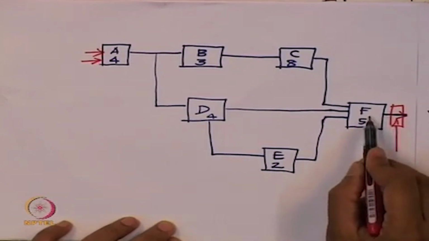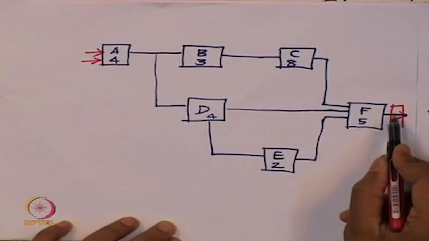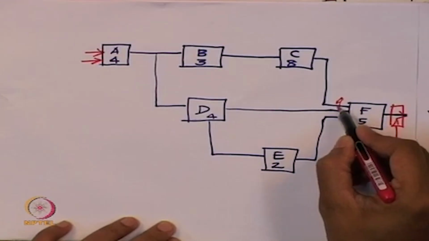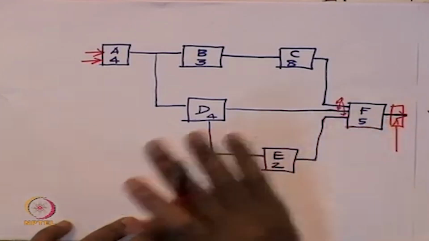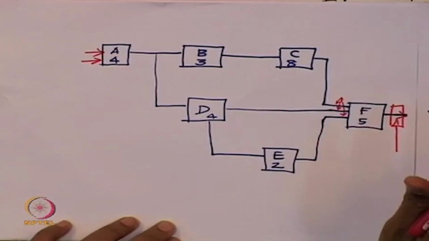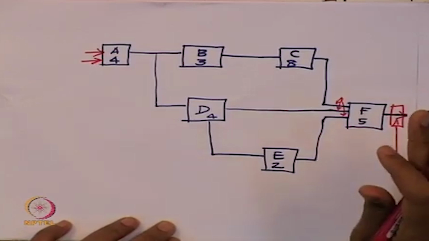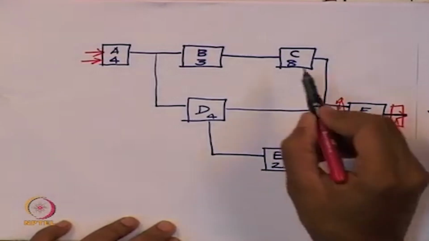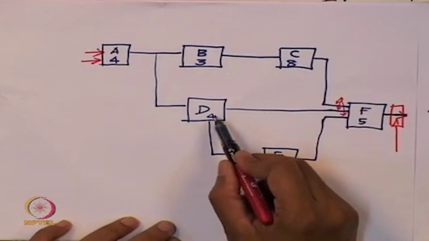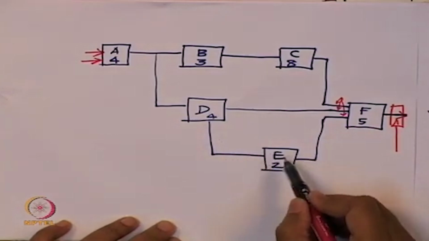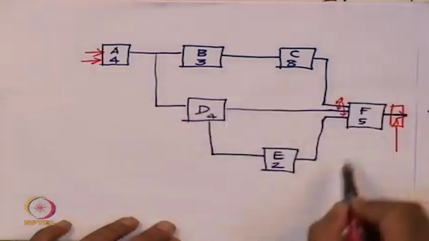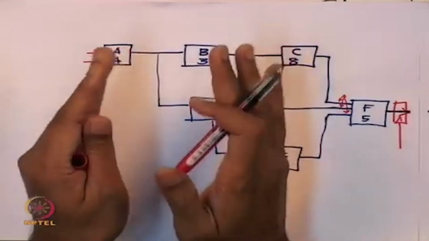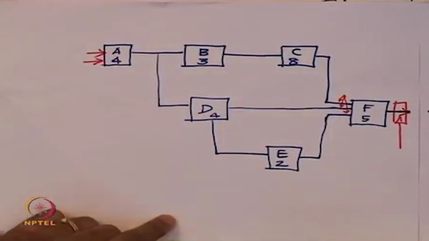Now if I go and look at the combinational circuit F here, if I am getting a flip flop, the inputs that are going to come from these 3 wires should all in some sense belong to the same stage. Let us look at what is feeding F. F is being fed by C, by D and by E. If you go and look at C, let us assume that A is a circuit which cannot be subdivided further, B is another circuit that cannot be subdivided further and so on for now.